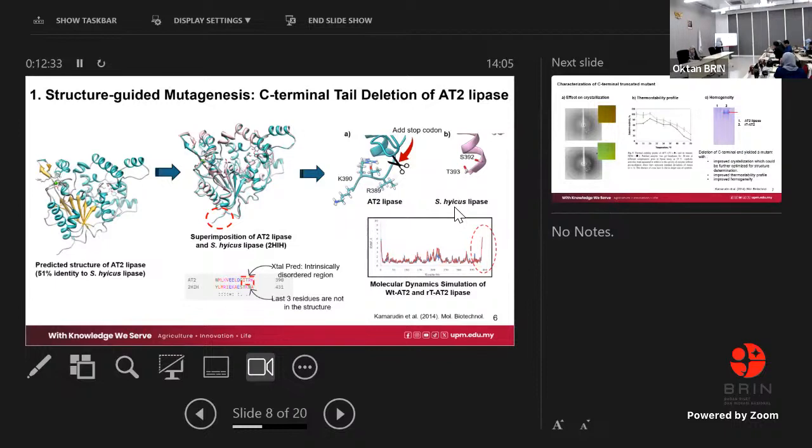This is one of the analyses from the molecular dynamics simulation, on the RMSF values. The one in the circle shows that the C-terminal end is a very flexible region. But when we removed it, we can't see any increase in the RMSF value.